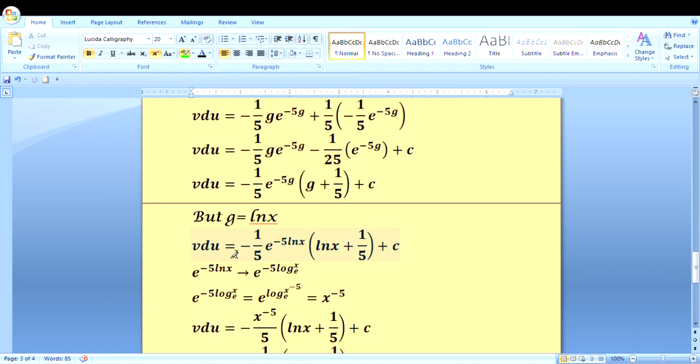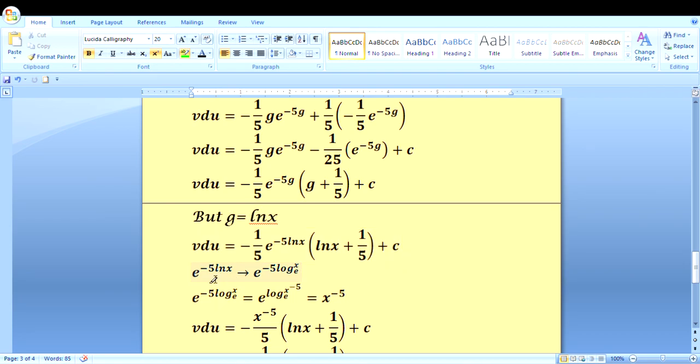But we said initially that g is equal to ln x. So in place of g, we substitute ln x. So here the integral becomes minus 1 over 5 exponential minus 5 ln x, open bracket ln x plus 1 over 5 close bracket plus an arbitrary constant.